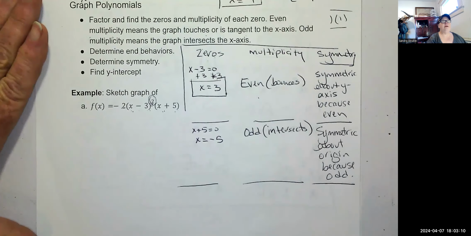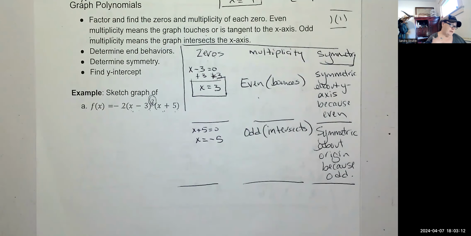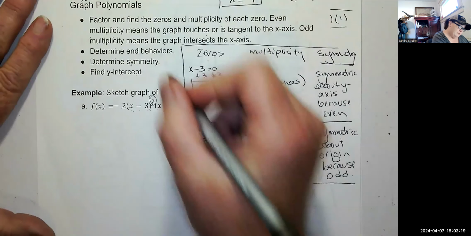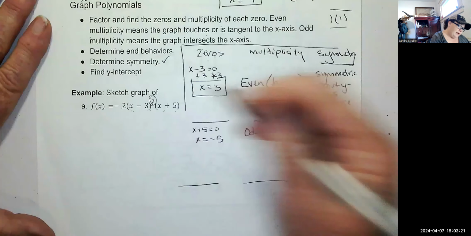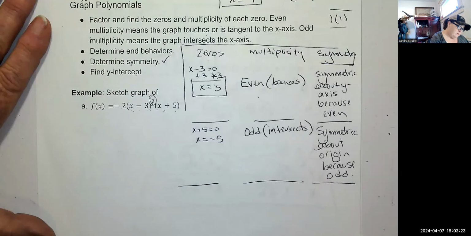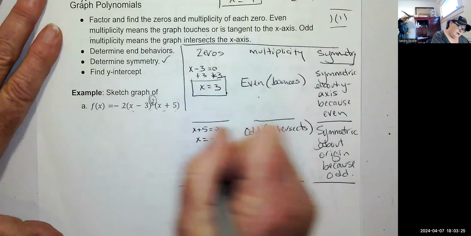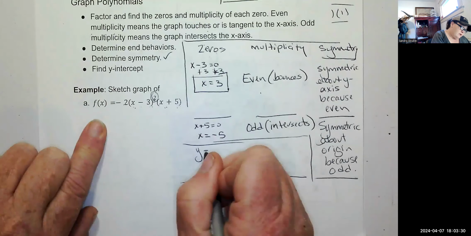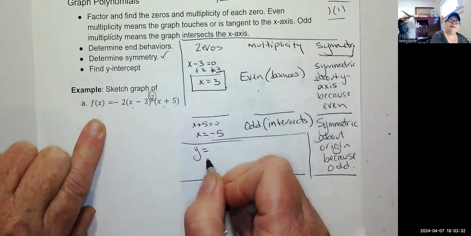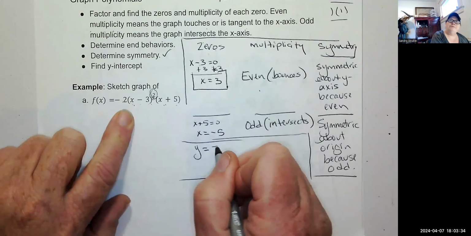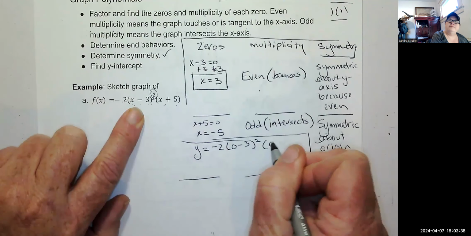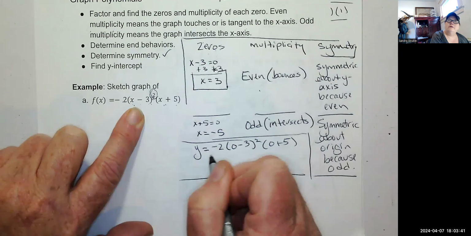All right. What else? We can now graph it. What's our end behavior? How do we decide that? We did symmetry. We haven't found the y-intercept yet, so let's find the y-intercept. f of x equals negative 2, and everywhere there's an x, I'm going to put a 0 and solve for y.